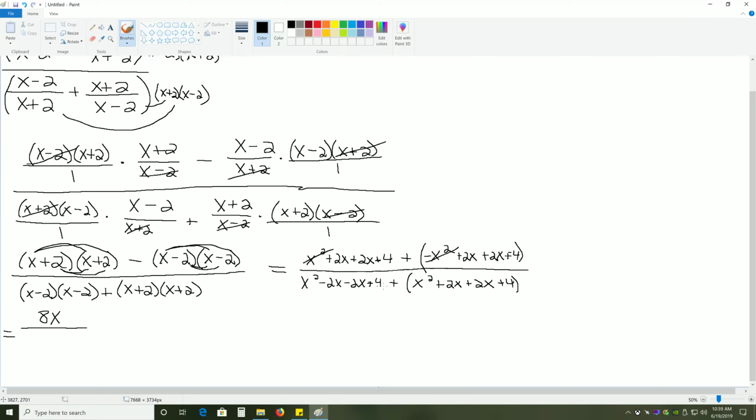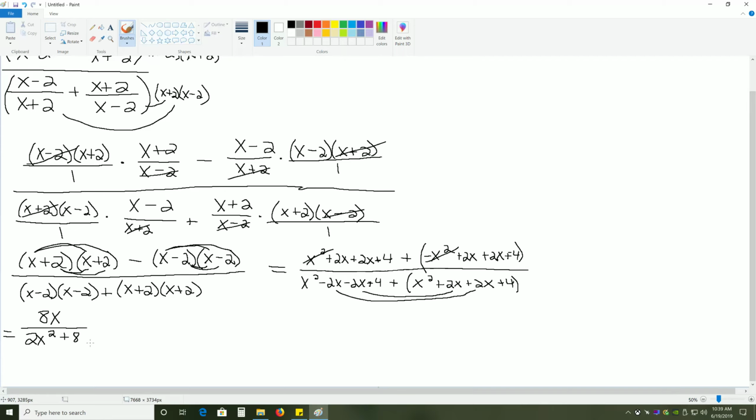And our denominator, we can now combine these like terms. We have x squared plus x squared is 2x squared. Negative 2x minus 2x plus 2x plus 2x. So combining all of these terms together will give us just 0. They'll all cancel out. And then we have a plus 4 plus 4 gives us plus 8.